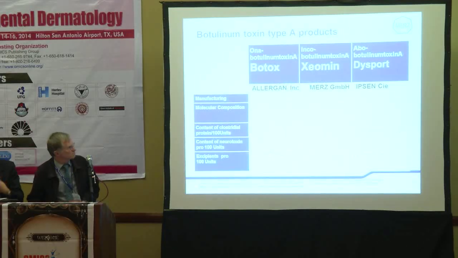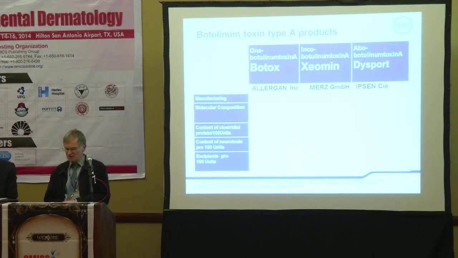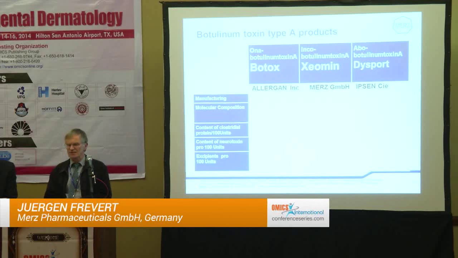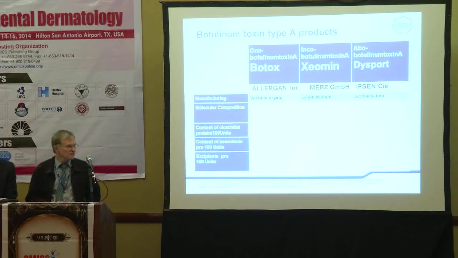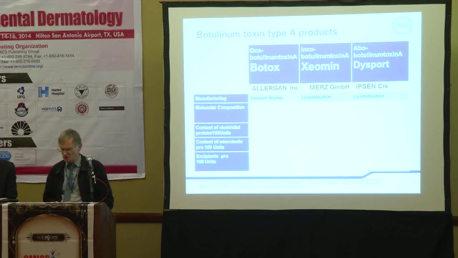This shows you some properties of the botulinum toxin products, Botox, Xeomin, and Dysport. There are other names in the literature given by the FDA. Botox, produced by Allergan, is produced in a process called vacuum drying, whereas Xeomin and Dysport, produced by Merz or Ipsen, are manufactured by lyophilisation.